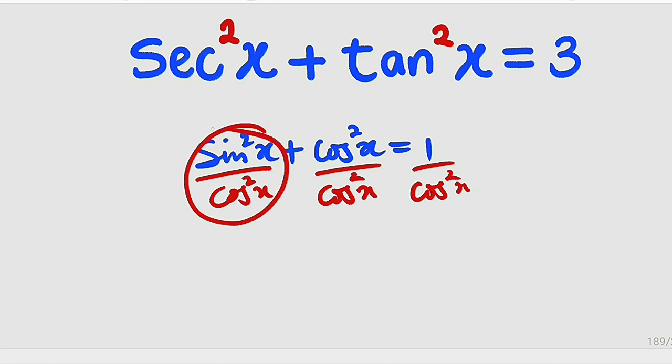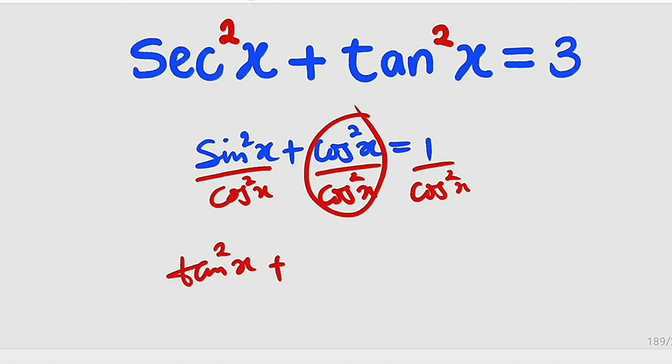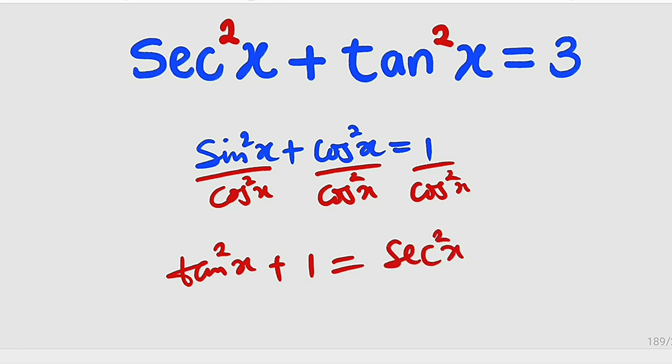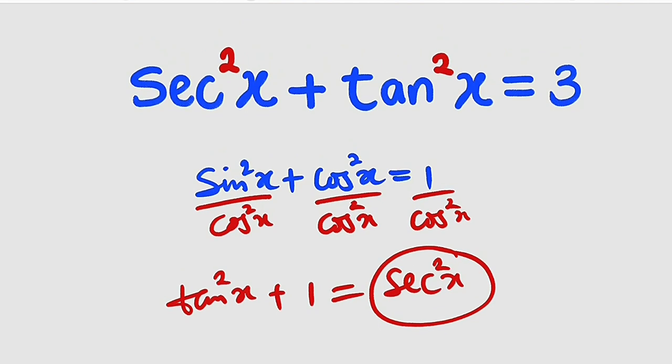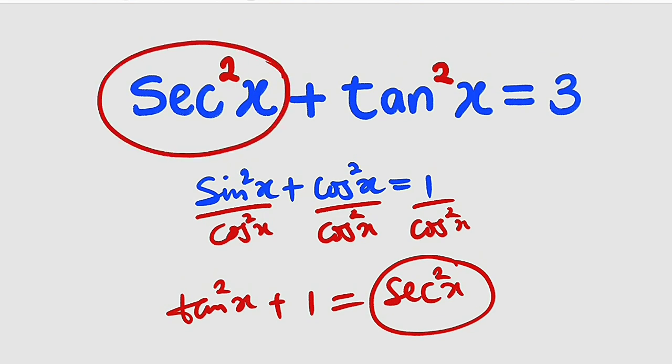You know that sine divided by cosine is tangent, so we have tangent²x here, plus 1, and this is what? Secant²x, because 1 divided by cosine is secant. So you can see that secant²x is the same thing as tangent²x plus 1. Therefore, we can replace this with tangent²x plus 1.